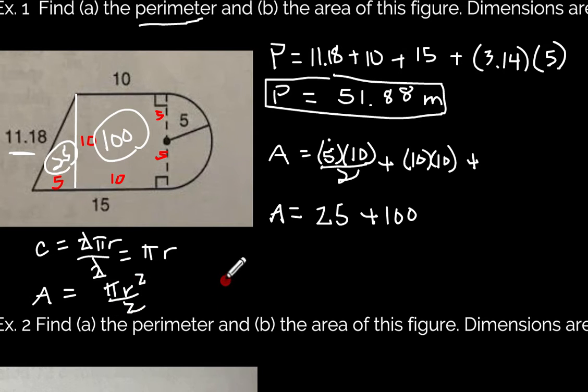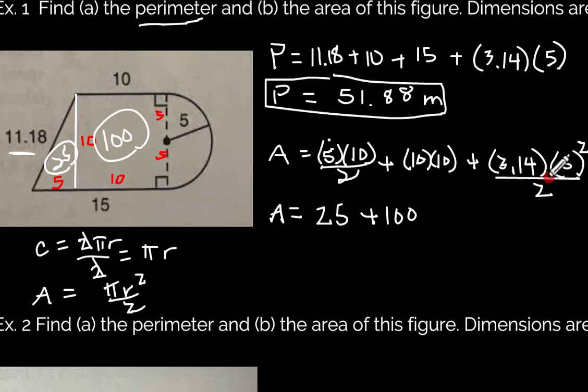This is where your calculator comes in pretty handy. So we're going to get pi. Well, let's change that to 3.14. Use 3.14, don't use the pi button on your calculator. 3.14 r squared, so r would be 5 squared divided by 2.